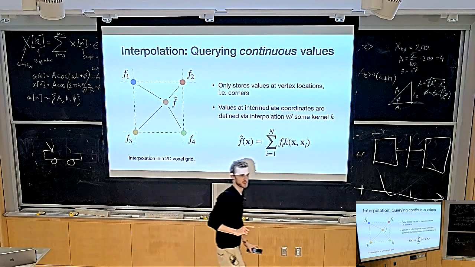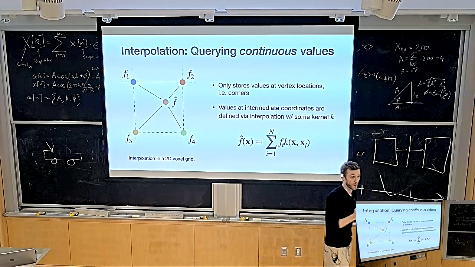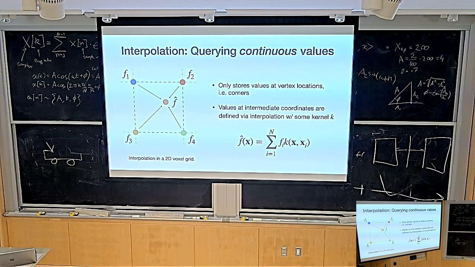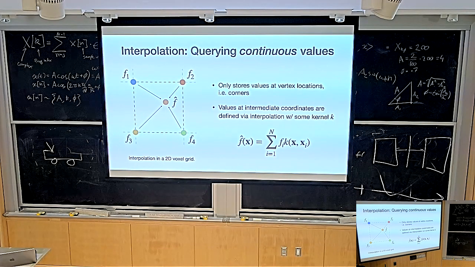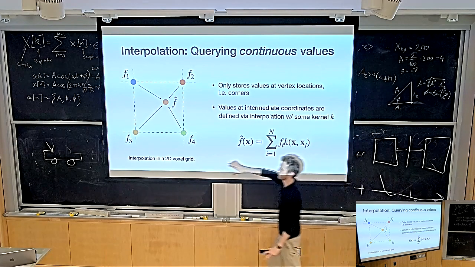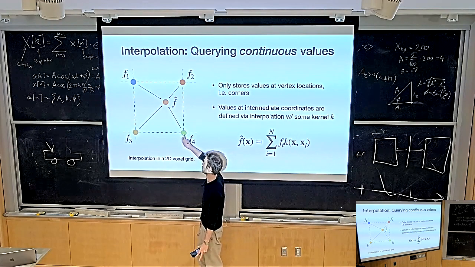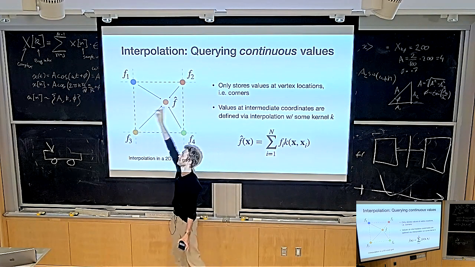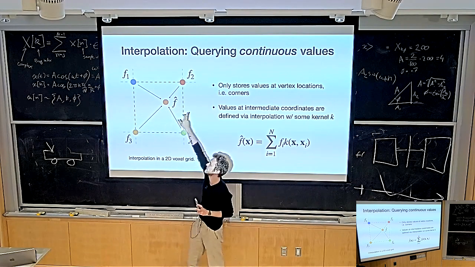And as you might know, we discussed this last time already, I mentioned that everyone in this room understands bilinear interpolation. So how do you query the voxel grid at values that don't fall exactly on the corner of a voxel? Well, you have to do interpolation. Let's say the voxel grid stores values at the corners. So you have F1, F2, F3, F4. In an image, these might be colors.